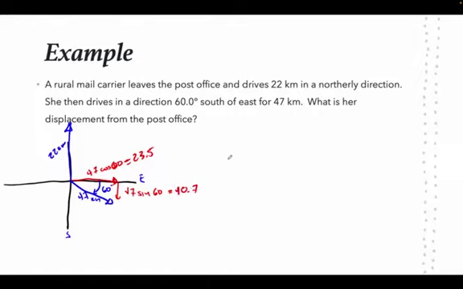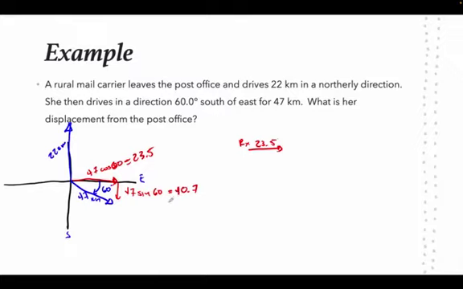So now I can find a resultant horizontal vector, which will be in this direction, 23.5, because there's no other horizontal vectors. So this would be our x, and my resultant vertical vector will be the sum of this plus this.